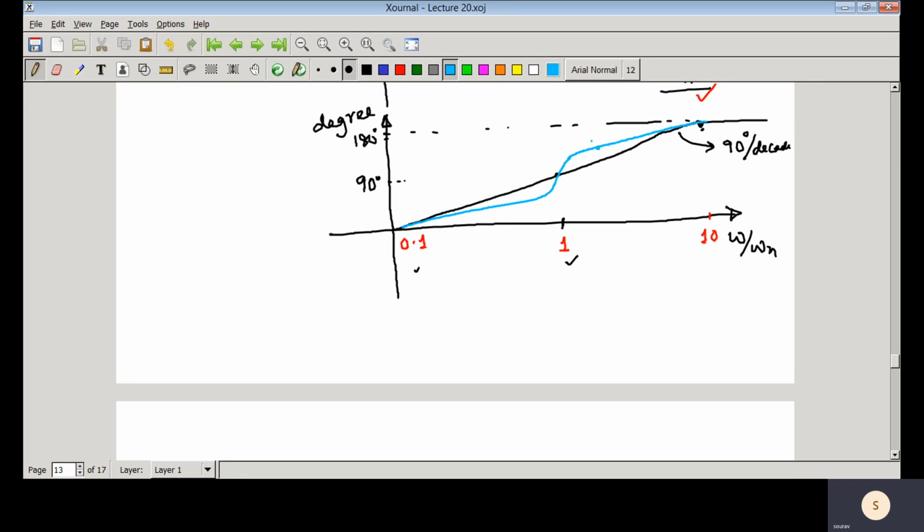Whenever here zeta is very small, say 0.1, and if you increase the value of zeta, then it looks like that. So this is say zeta 0.3, like this. That means there is a correction, and the black one is zeta equal to 1. This is zeta equal to 1.